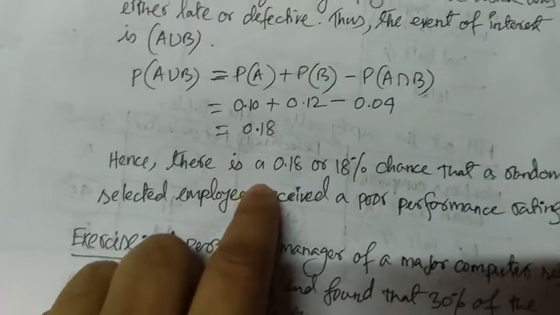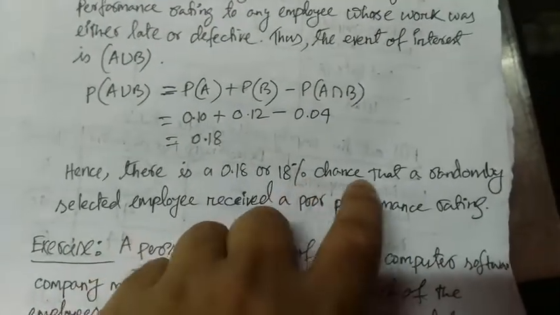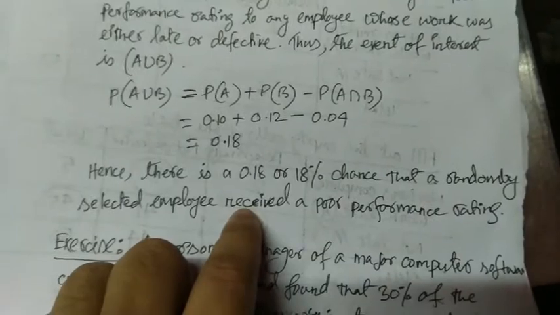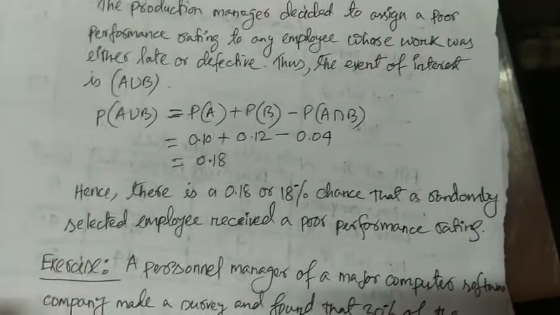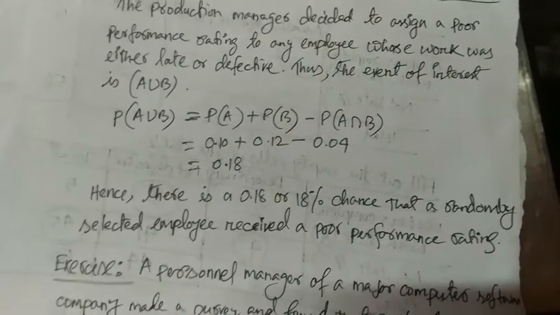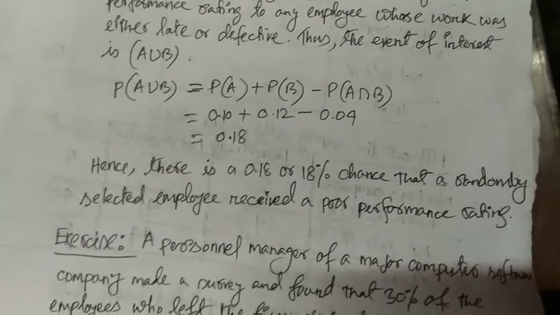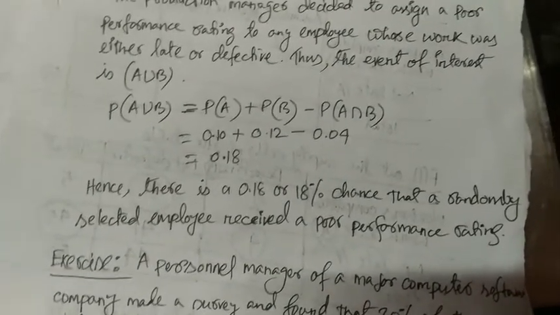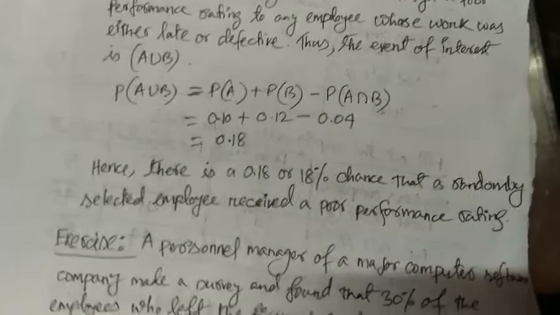That means there is a 0.18 or 18% chance that a randomly selected employee received a poor performance rating. That means out of 50 workers, if you select a worker randomly, there is an 80% chance that that worker will receive a poor performance rating.